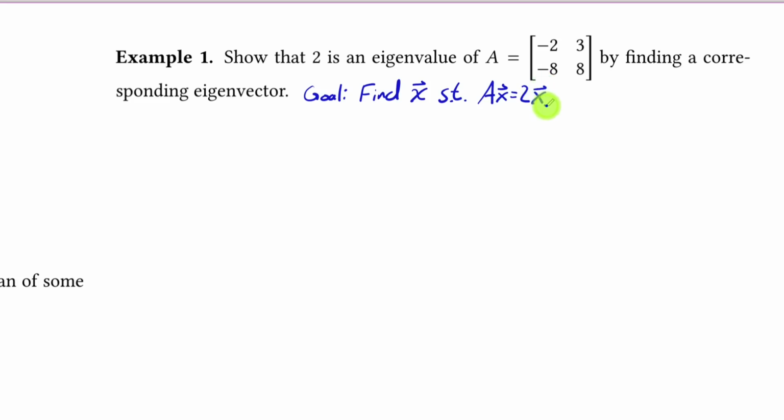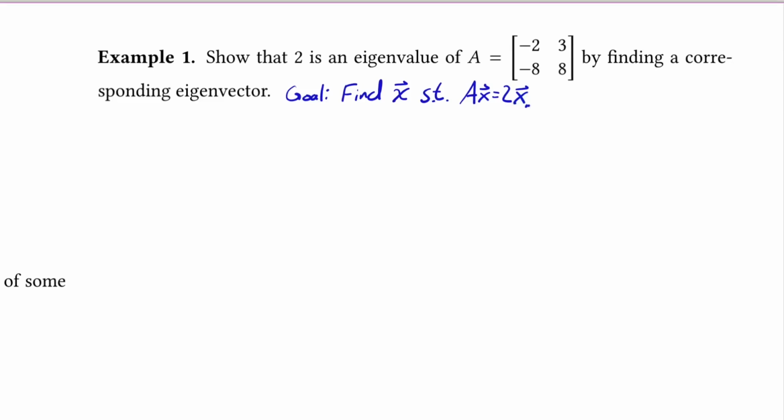And how would we do this? Could we subtract 2x from both sides and get Ax minus 2x equals 0? Sure. And then maybe we could factor out an A minus 2. That looks reasonable. And then divide by A minus 2 and get x is the 0 vector divided by A minus 2.